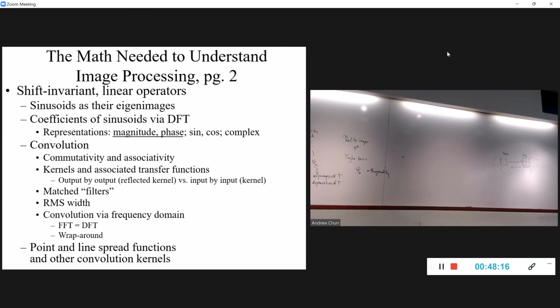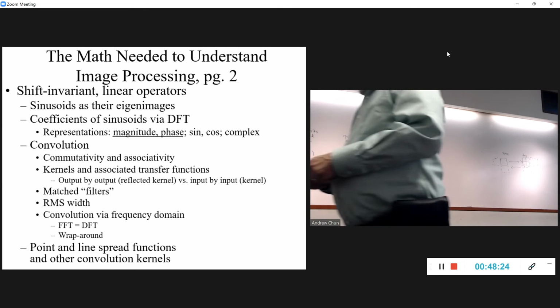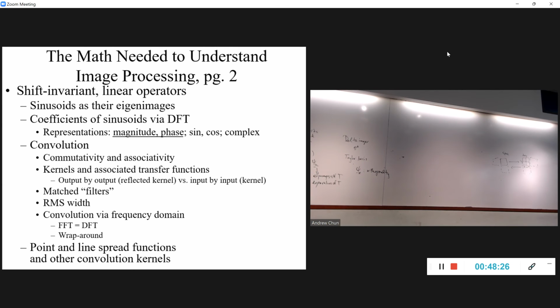And on that basis, we understood that, for example, edge strength could be understood as convolution with an edge pattern, which is not precisely the same as an edge, but at least in the range near the edge, was nicely understood as the derivative of a Gaussian.